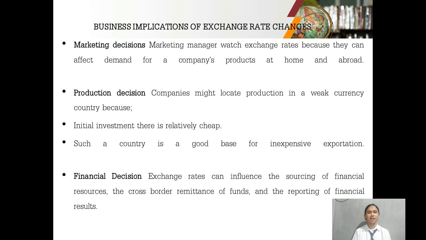The company's currency would buy a significant amount of a weak currency, making the company's initial investment cheaper. Furthermore, goods manufactured in the country would be relatively cheap in world markets.